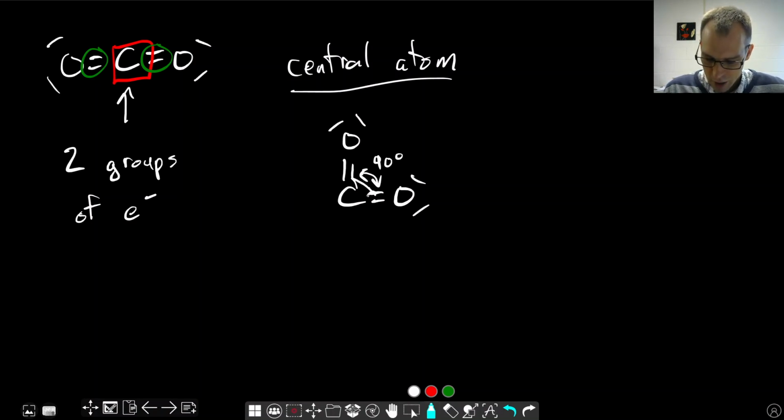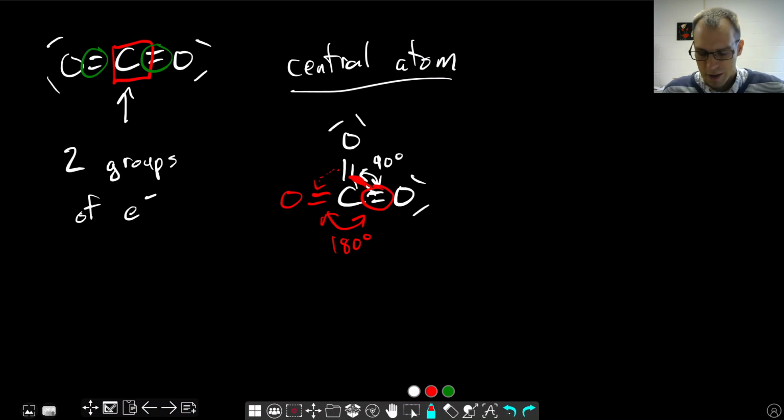And so if we imagine these electrons here staying in place, they're going to push on these other electrons and repel them, and they're going to push them as far away as they can go. And the furthest away they can go is 180 degrees away.